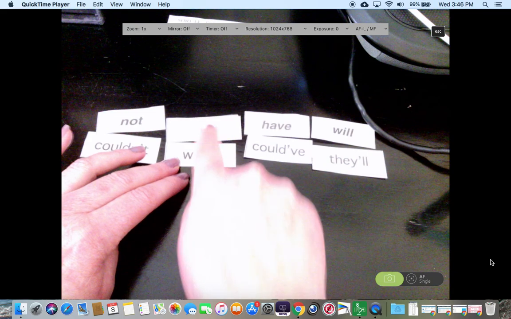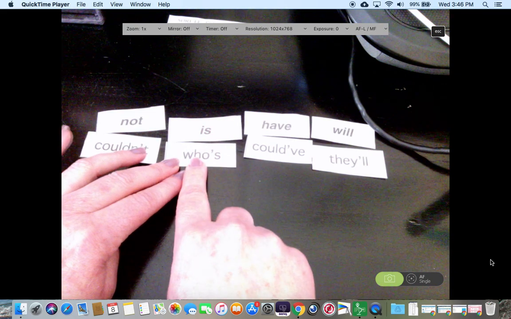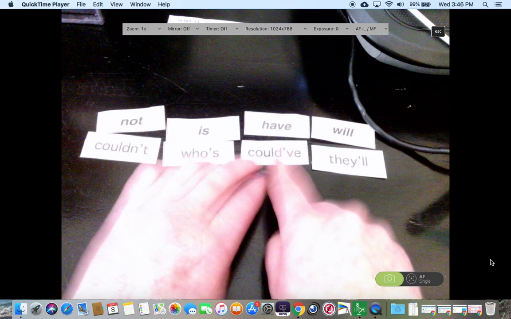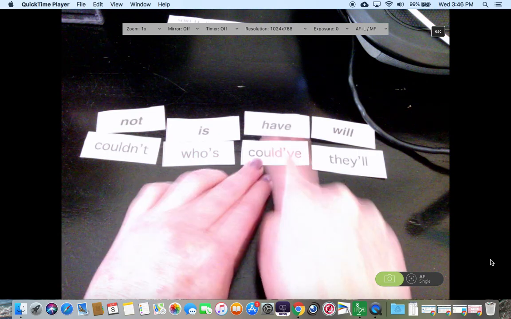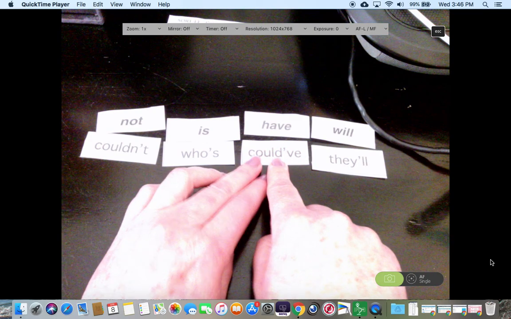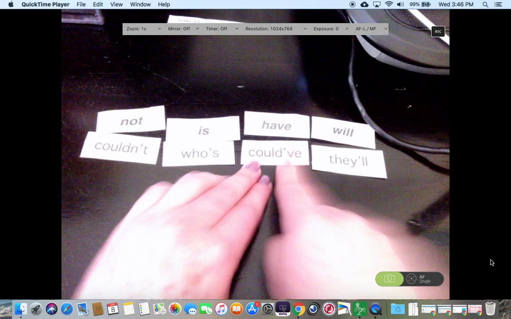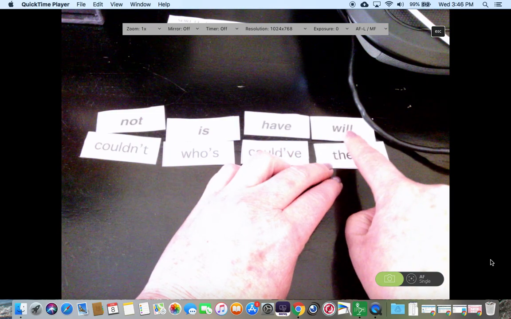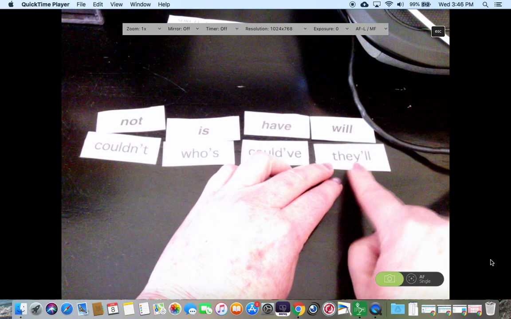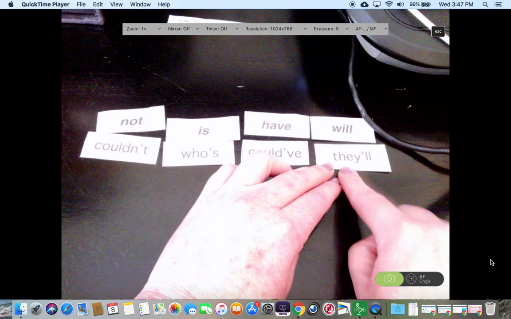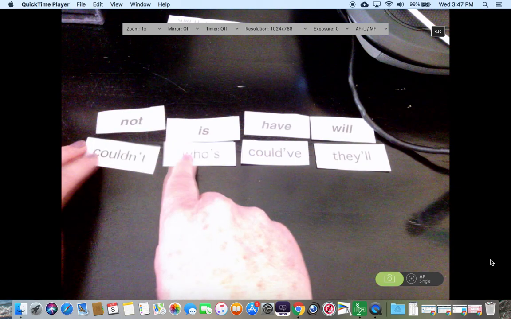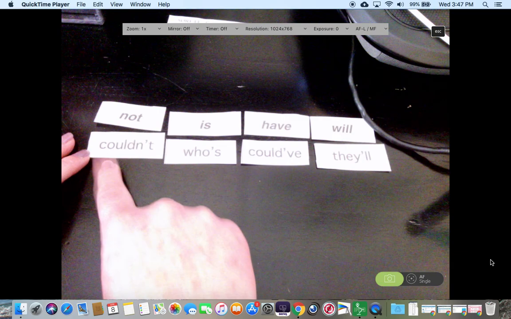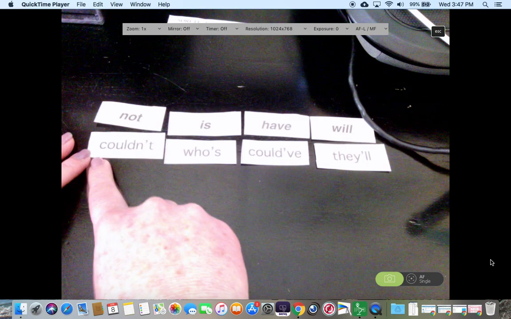Whose is a contraction under the is column. Whose is short for who is. Could've is a contraction under the have column. It is short for could have. They'll is under the contractions made with the word will, because they'll is short for they will. And when you see these words in your reading, you would not read this as she could not play with me. You would read it as couldn't.